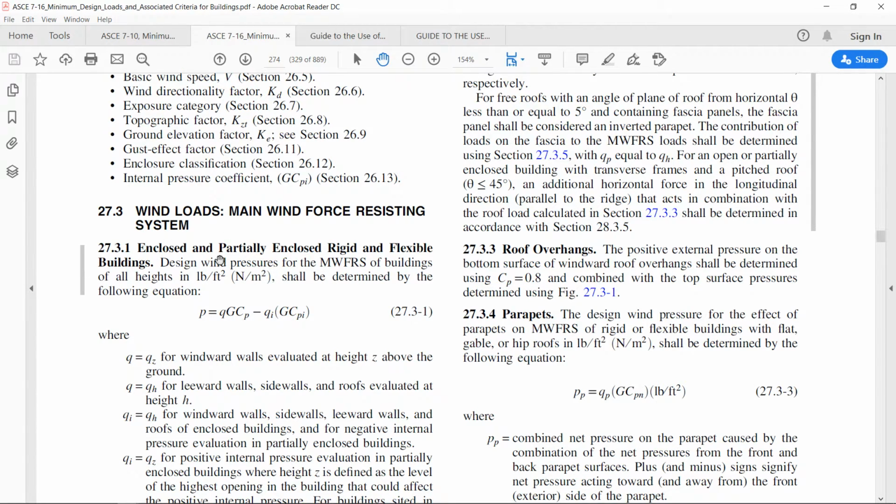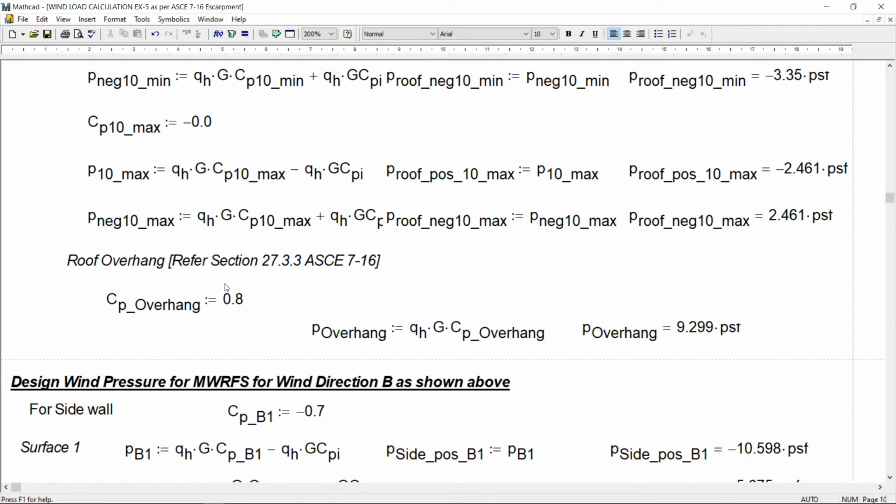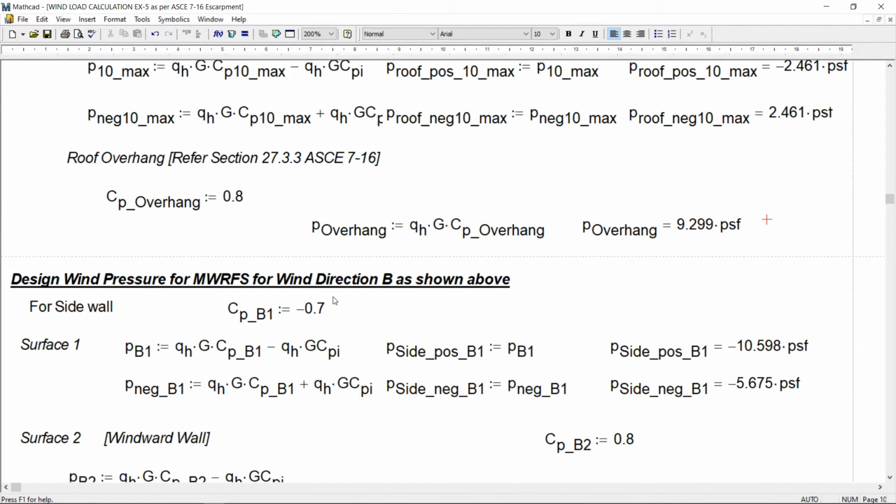So only one value we have used, Cp equal to 0.8, and this is the pressure. So this is the wind pressure calculation if the wind is blowing in direction A.